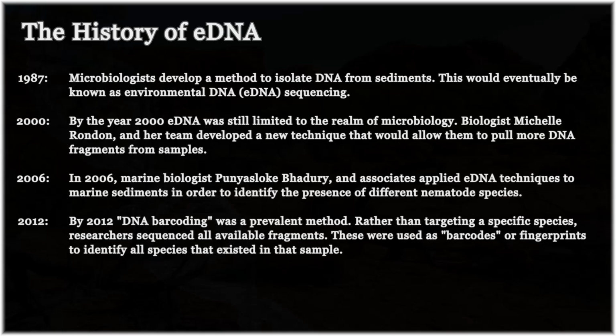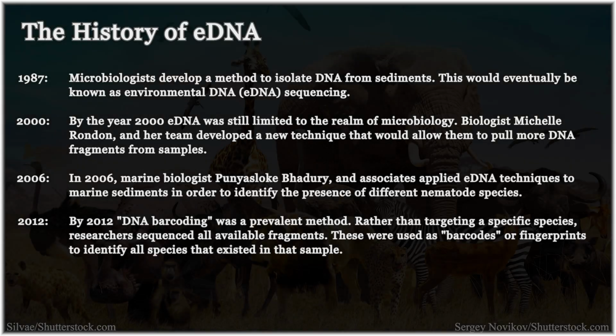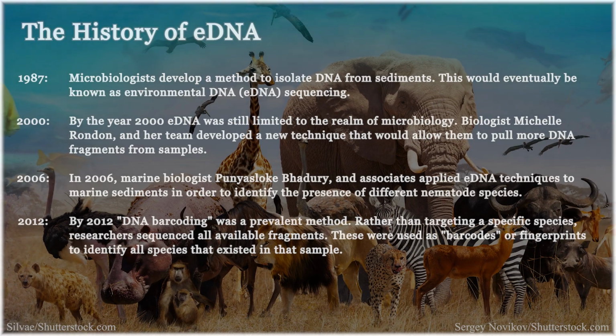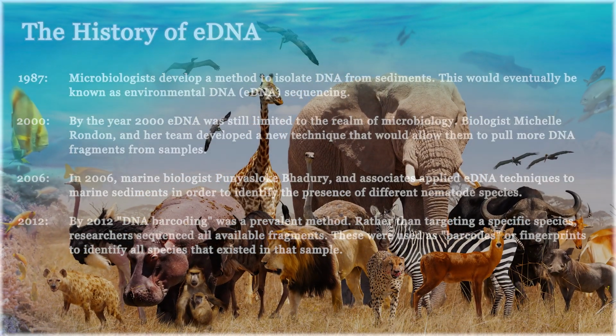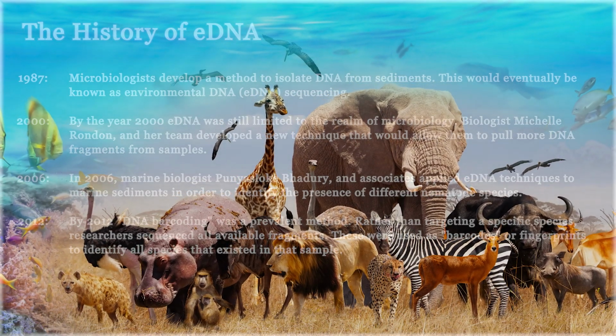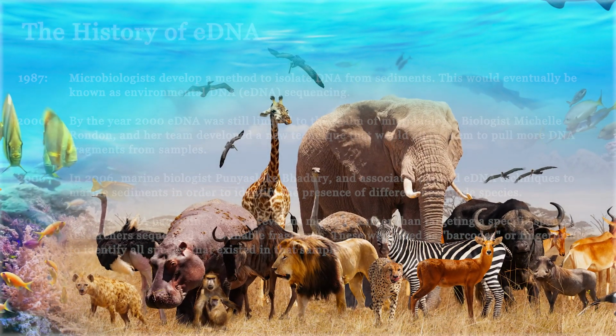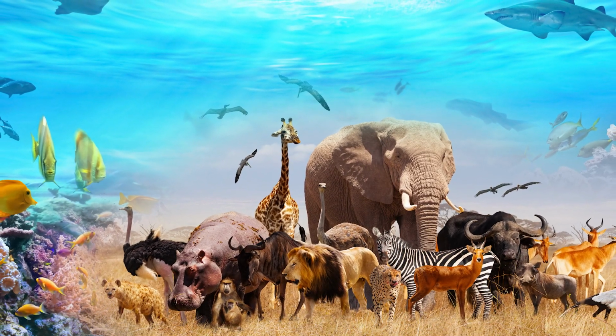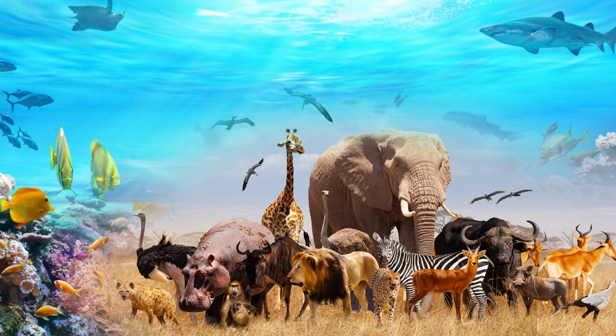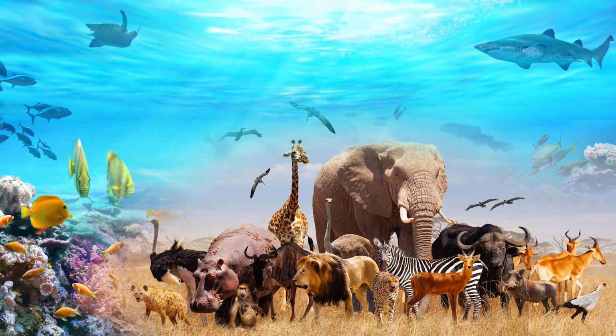If we jump ahead to the year 2012, the term DNA barcoding was commonplace. Rather than targeting bacteria or a single plant and animal species, scientists were now sequencing all DNA fragments in a sample and using them as barcodes or fingerprints to identify as many organisms as possible.